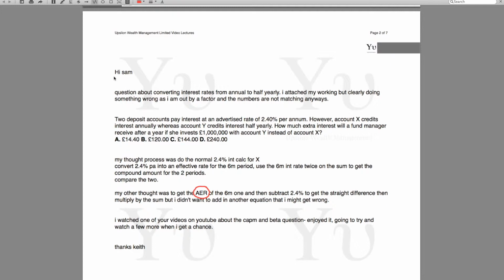So, hi Sam, a question about converting interest rates from annual to half yearly. I attached my workings but clearly I'm doing something wrong as I'm out by a factor and the numbers are not matching. Okay, so a bad place to be in, I guess. Two deposit accounts pay an advertised rate of 2.4% per annum.